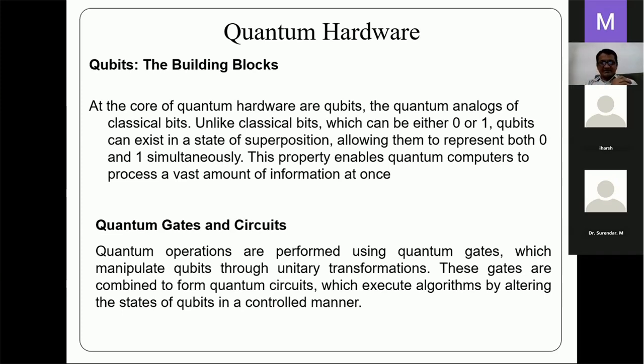Is it clear? Now there should be a question: a qubit is holding value 0 and 1 simultaneously, this property we call superposition. Then how is this enabling your quantum hardware to process a vast amount of information compared to the previous architectures we had discussed? So the next important part is quantum gates and circuits.